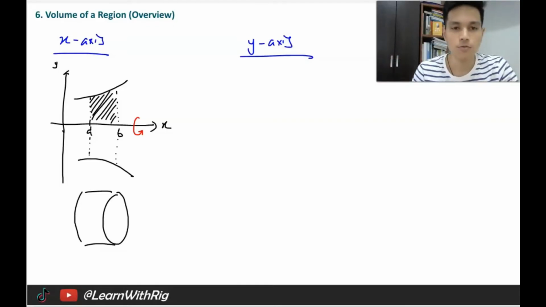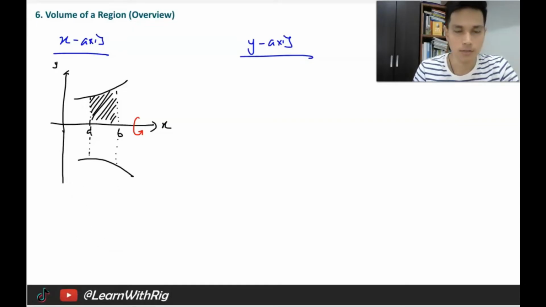So how do you find the volume of this? The formula is like this. You're going to integrate, same thing, from A to B, and it's rotating around the x-axis, so it's going to be dx.